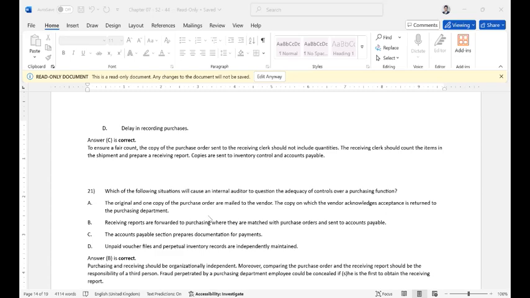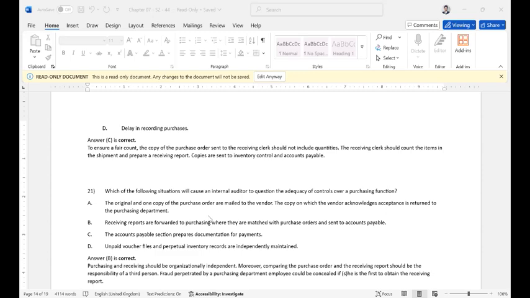B. Receiving reports are forwarded to purchasing, where they are matched and then sent to accounts payable. Purchasing and receiving should be organizationally independent. Moreover, comparing the purchase order and the receiving report should be the responsibility of a third person. Fraud perpetrated by a purchasing department could be concealed if it is the first to obtain the receiving report.